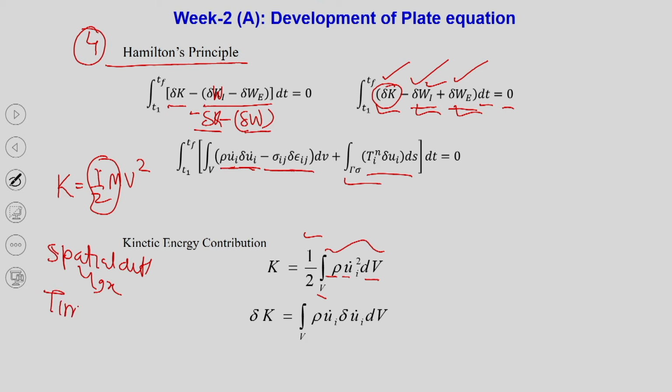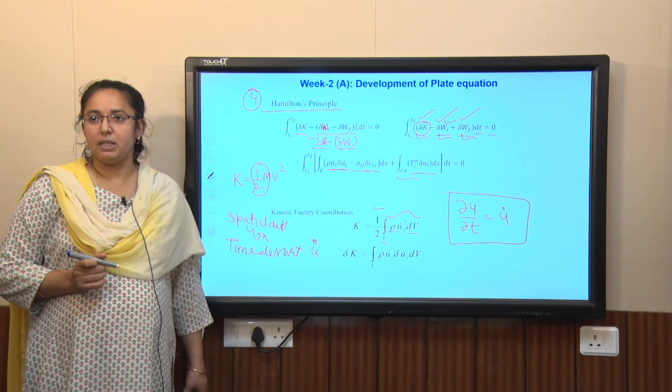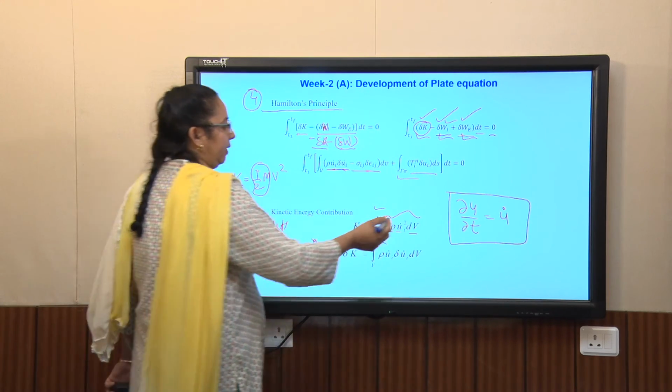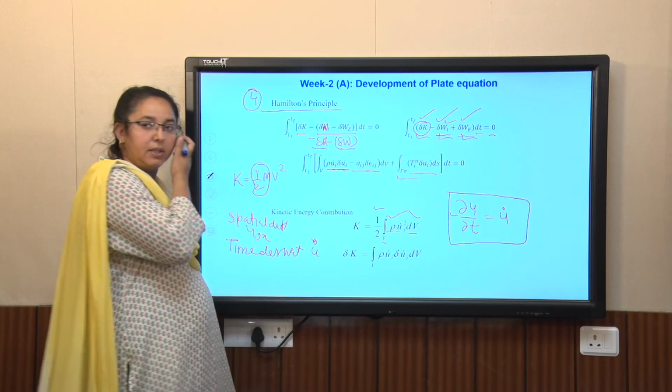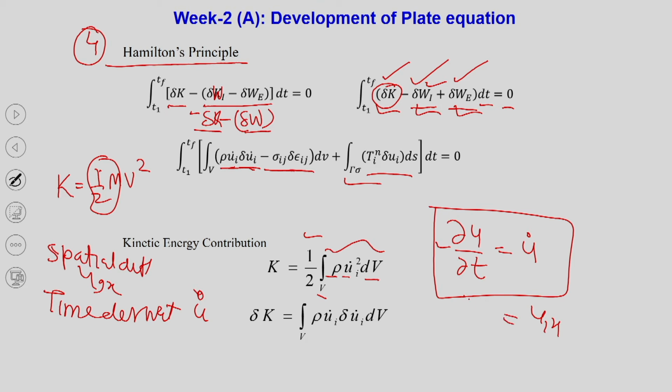When we have a time derivative, we put a dot over that quantity. It means ∂u/∂t equals u dot. This is the standard notation followed in the textbooks of plates and shells, that u dot means differentiation with respect to time. If you say u comma x, it means ∂u/∂x.